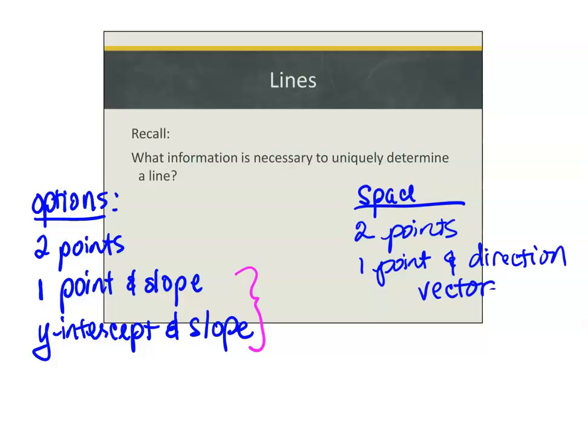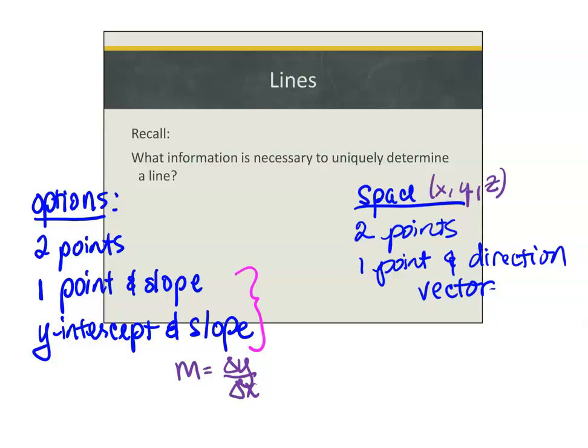Now, the reason we have to use a direction vector and we don't use slope is because slope is change in y over change in x, and when we're working in space, we actually have 3 coordinate directions that we have to coordinate. So taking a ratio or making a fraction doesn't make sense with 3 different coordinate directions.